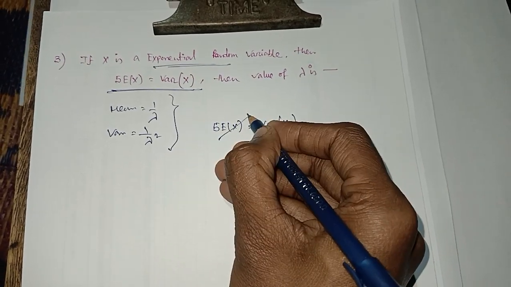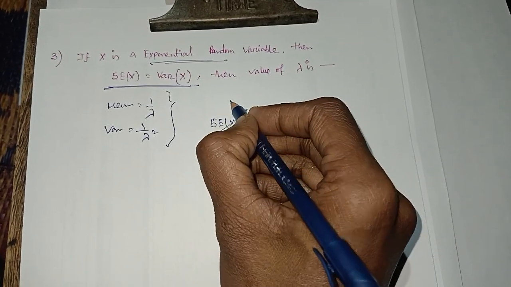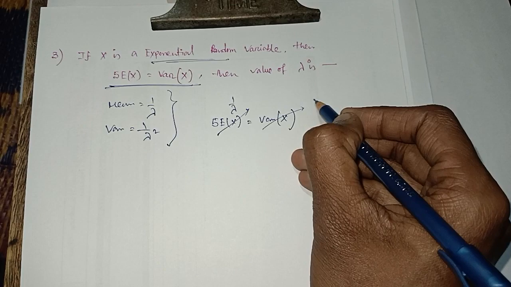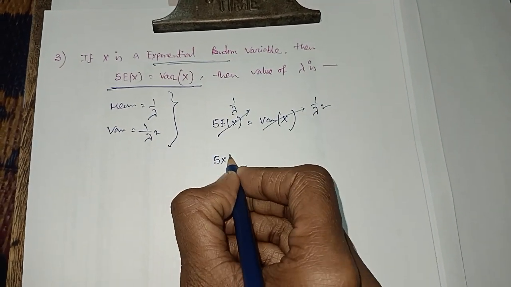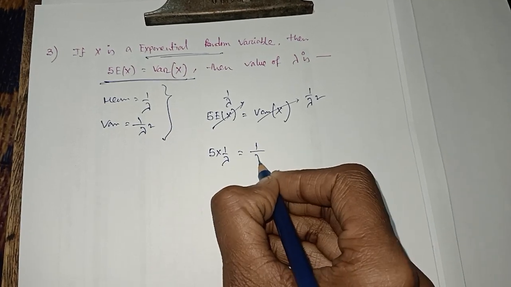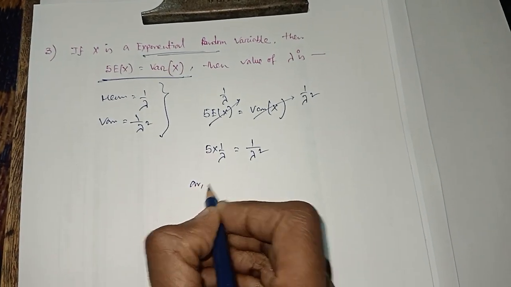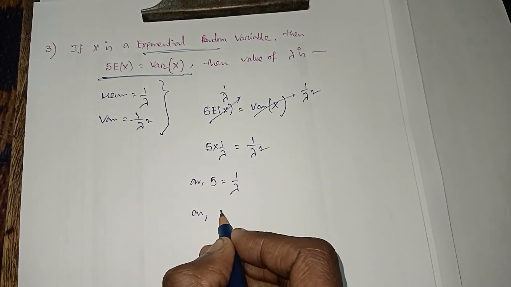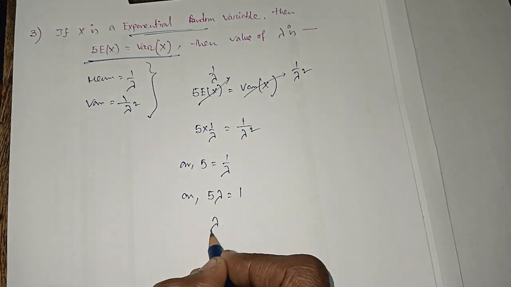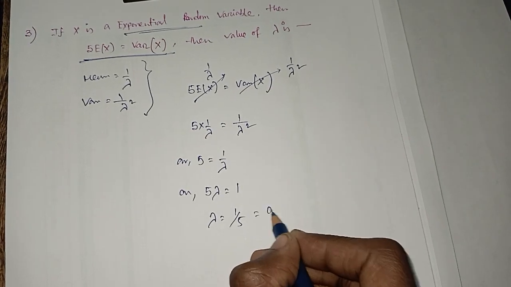So we substitute these values: 5 of 1 by lambda is equal to 1 by lambda square. So 5 equals 1 by lambda. So 5 lambda is equal to 1. So the lambda value is 1 by 5, or 0.2.